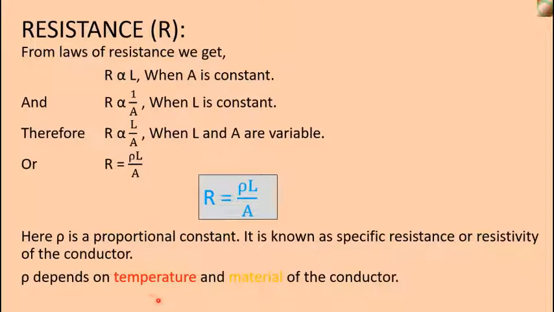Rho also depends on temperature. We know if the temperature of a conductor is increased, then its resistance will be increased. Therefore, if the temperature of a fixed material is increased, its resistance will be increased.